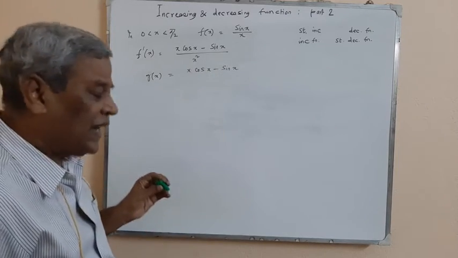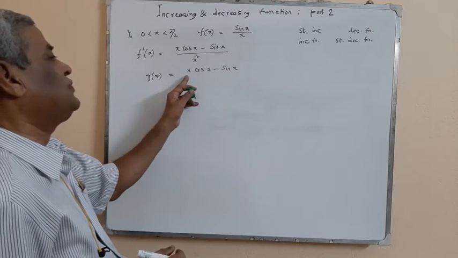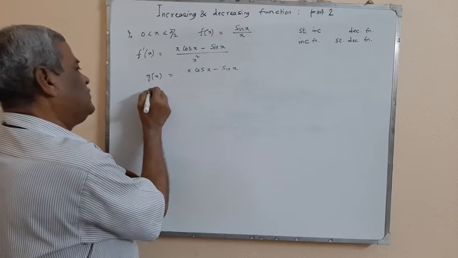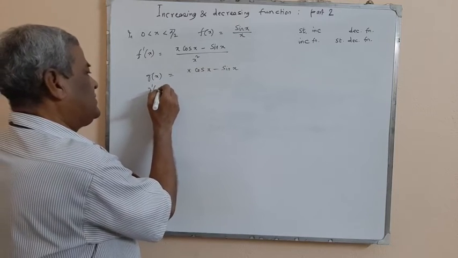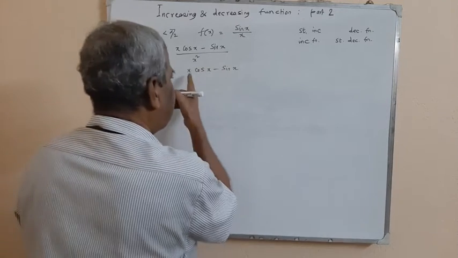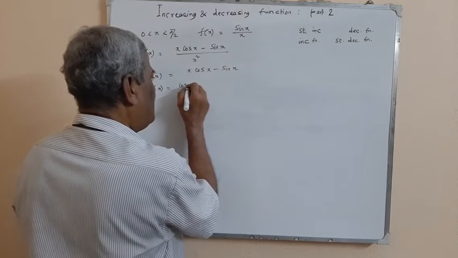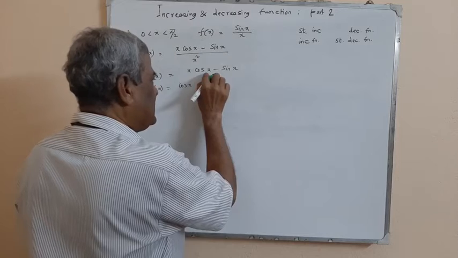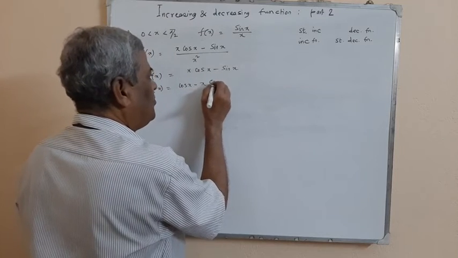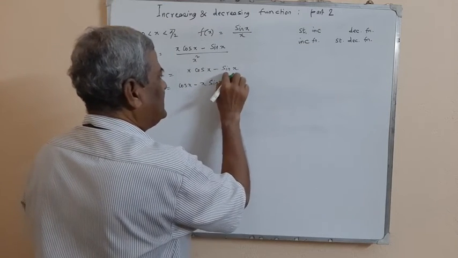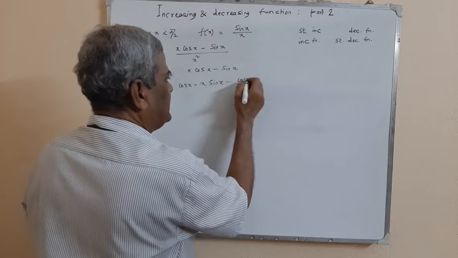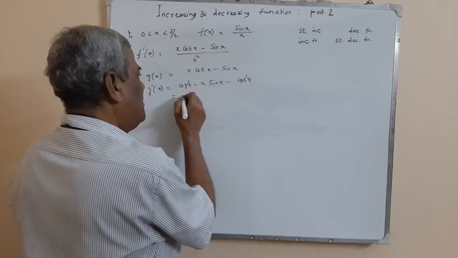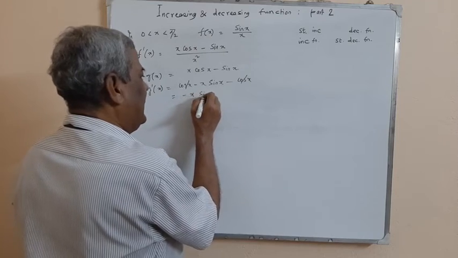Now try to find whether this function is positive or negative. For that purpose, differentiate: g dash x is equal to cos x, x into minus sin x, minus derivative of that, cos x. It is equal to cos x cancels, minus x sin x.